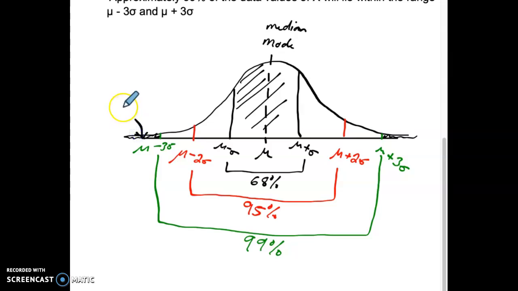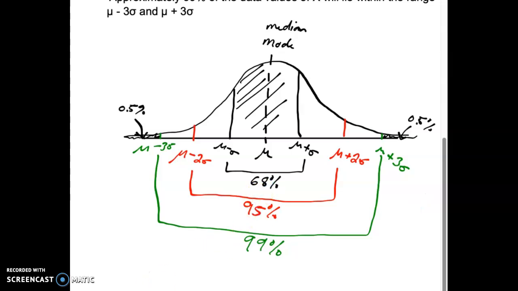This one tail here only contains 0.5%, and the other tail only contains 0.5% of the data. So most of your data is going to be within 3 standard deviations. It'll be very rare that you get data outside of there.